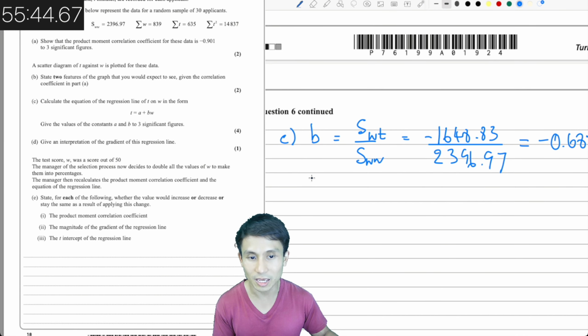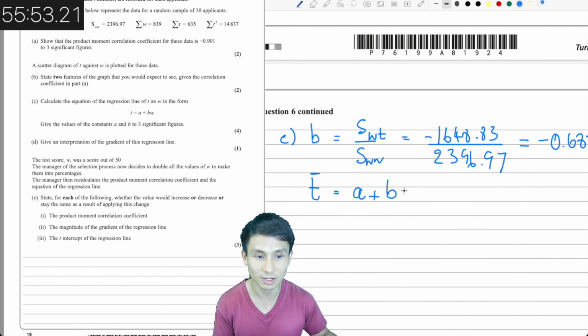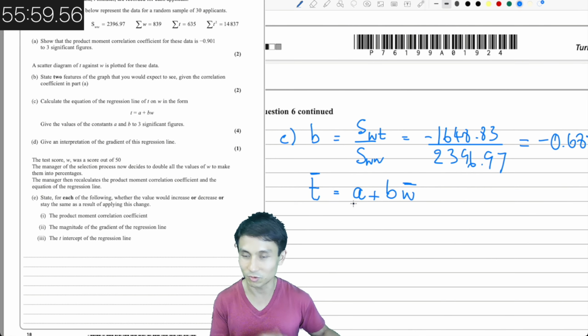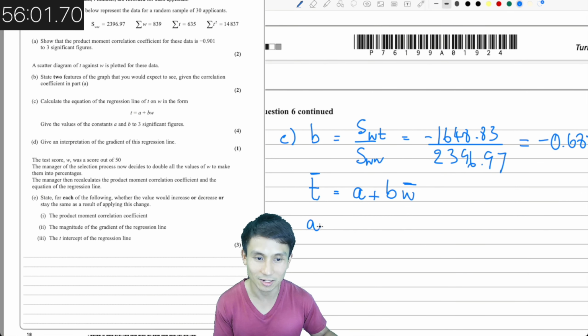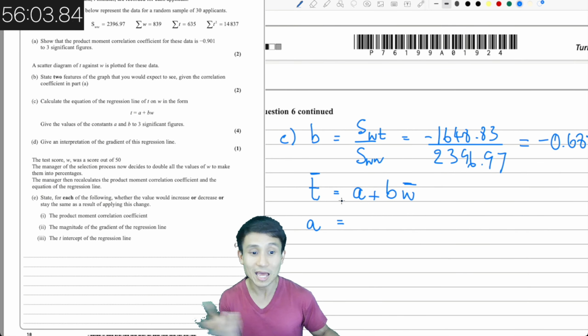And then the A value. The A value can be found by putting T bar and W bar into the regression line equation. I don't like memorizing formulas, so I just remember it like that. In the formula sheet they would have A equals something.